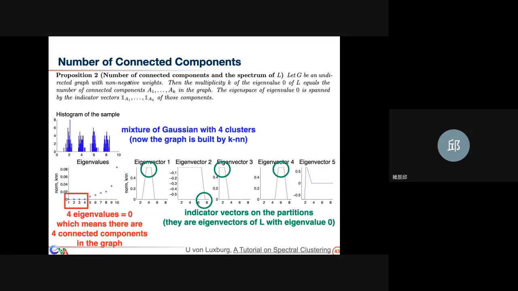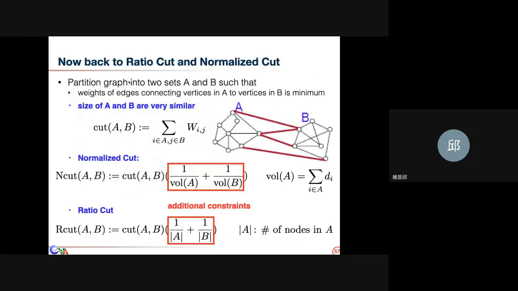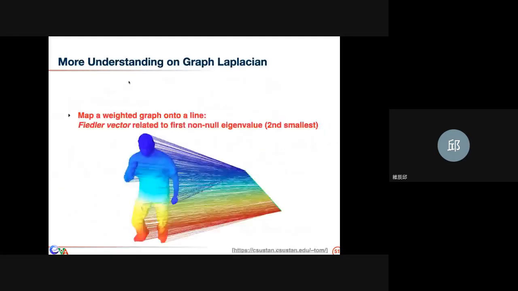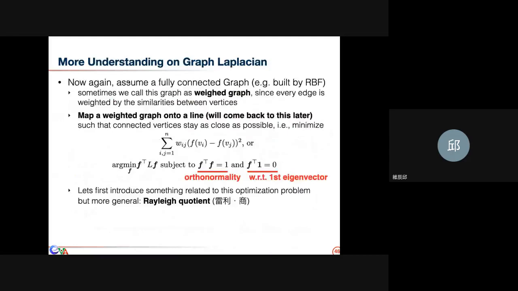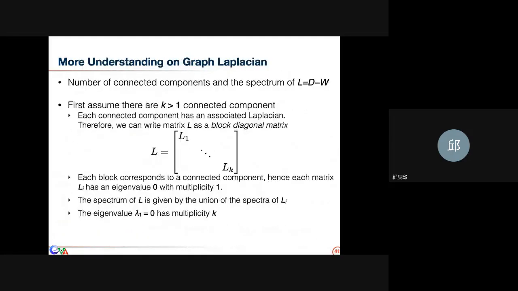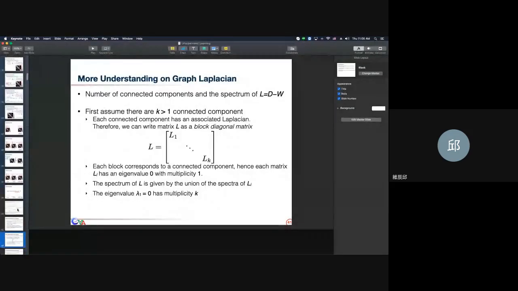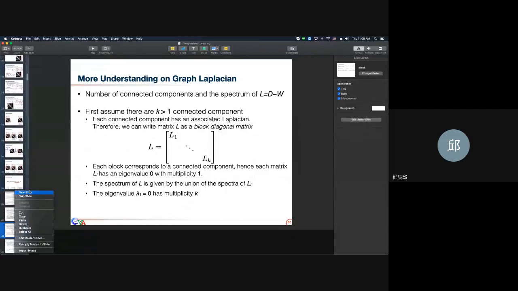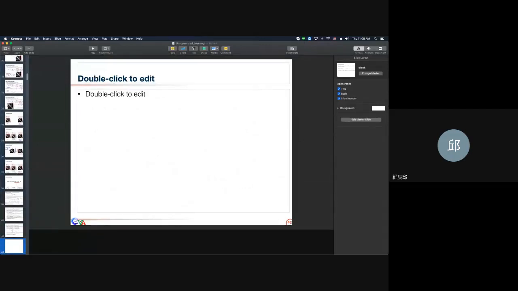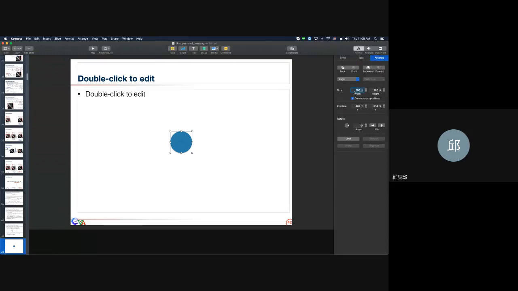Maybe I can show you some examples. I don't seem to have the figures around here, so I can quickly draw one so you can have a brief understanding of the connected component. We simply assume that we have some data points in our data set.